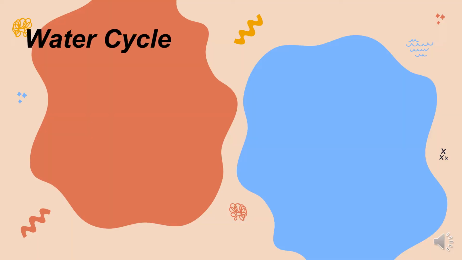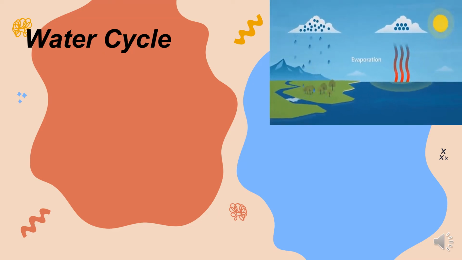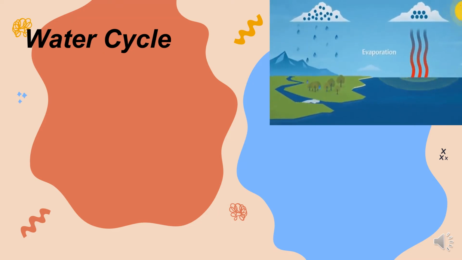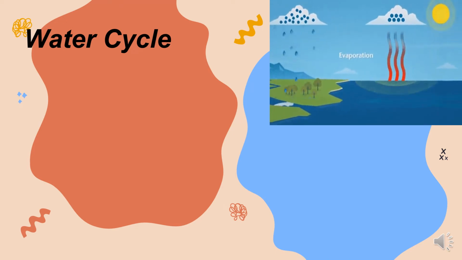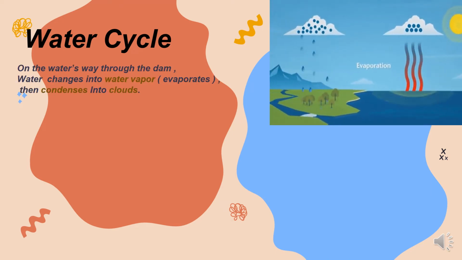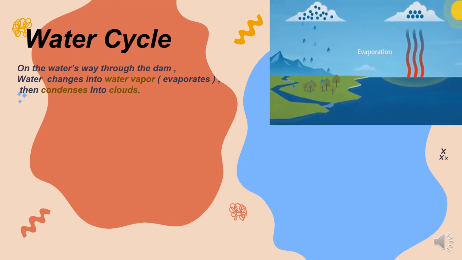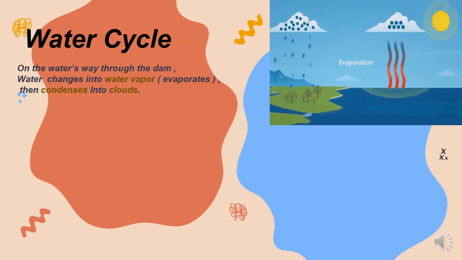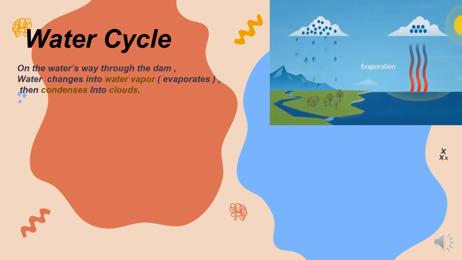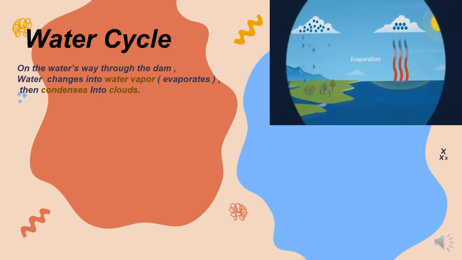Now, grade 4, let's remember what the water cycle means. You have already studied it before. When the water falls through the dam, some part of the water changes into water vapor. Excellent, grade 4. So it evaporates, which means that it changes into gas. Excellent.